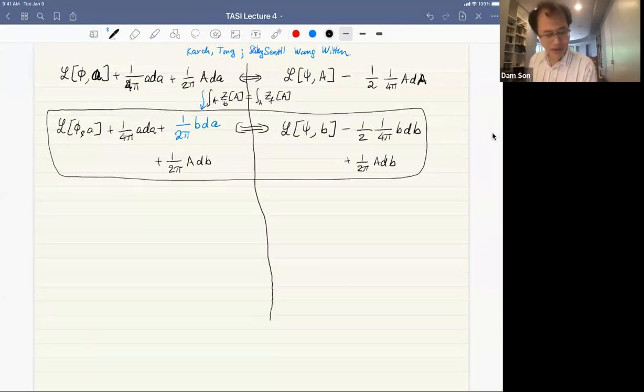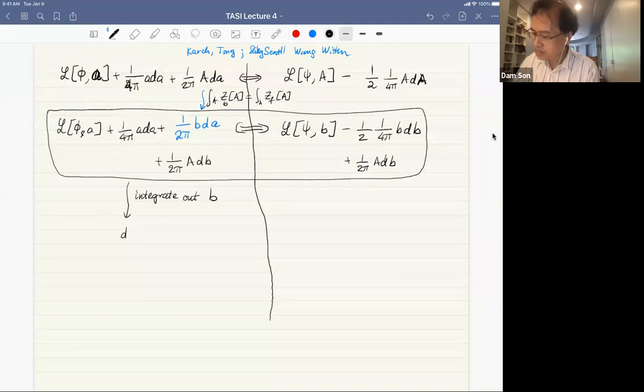Now this duality can be simplified on the left-hand side by integrating out B. When we integrate out B, we get a constraint.